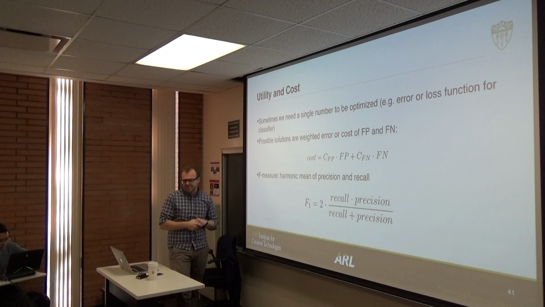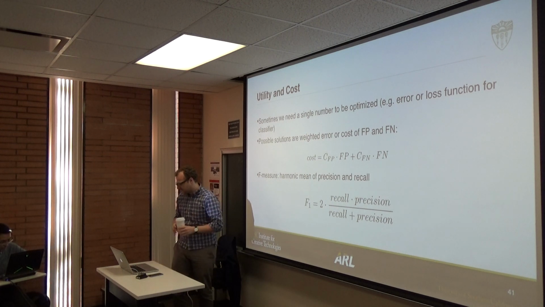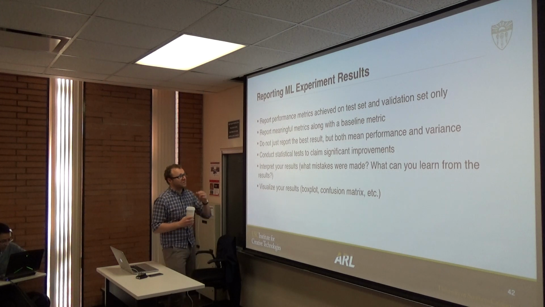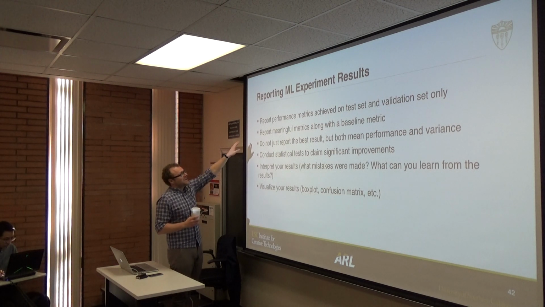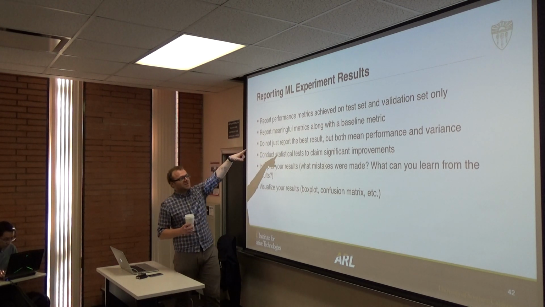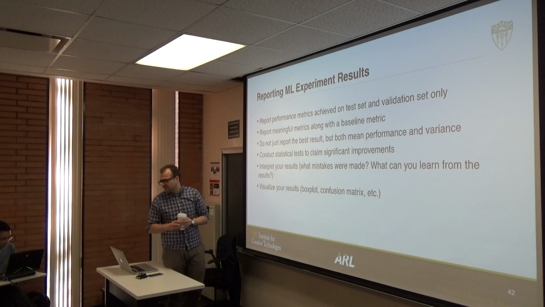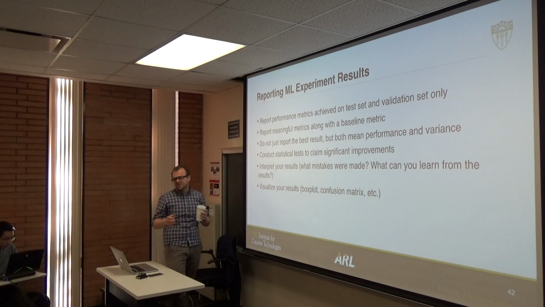Okay? All right, so let's summarize this. What do we do for reporting machine learning experiments? We only report performance metrics that were achieved on a test set and, as I said, occasionally on the validation set only. We don't care about training accuracy, that could be 100 all the time, it doesn't matter.